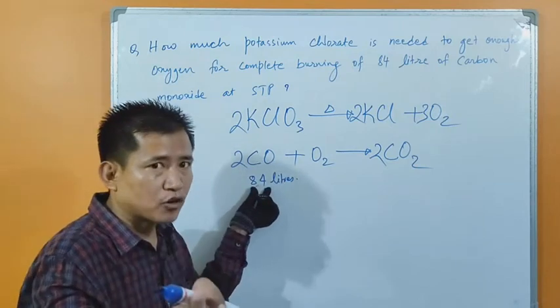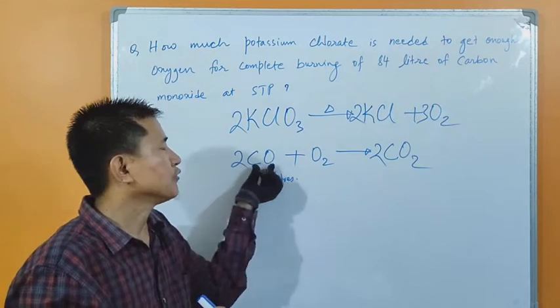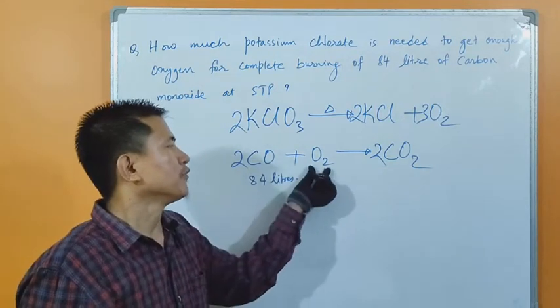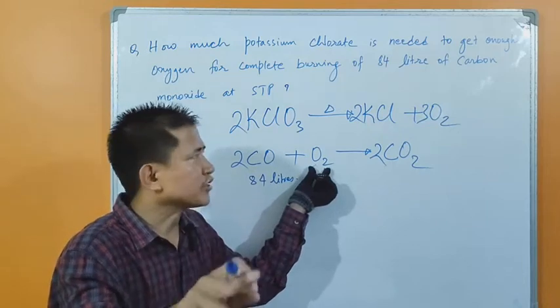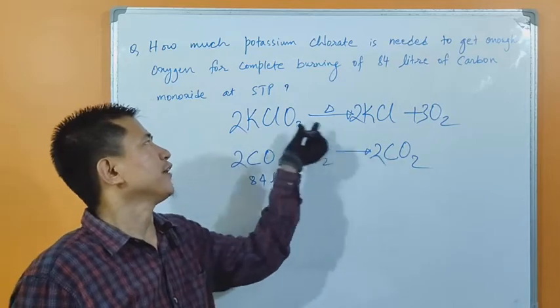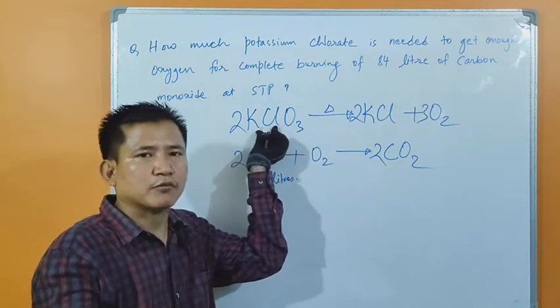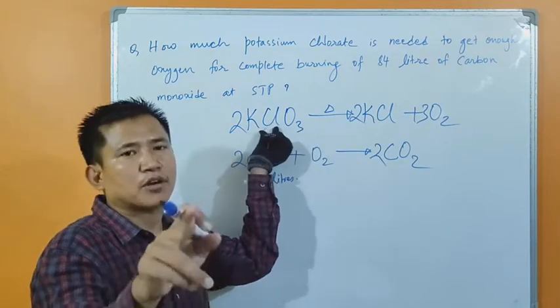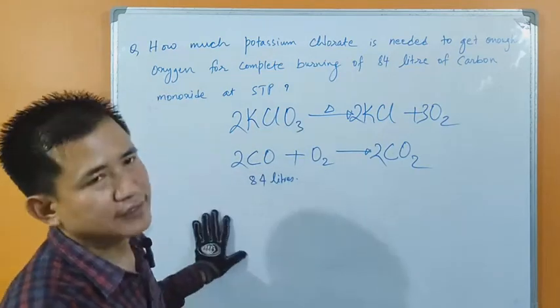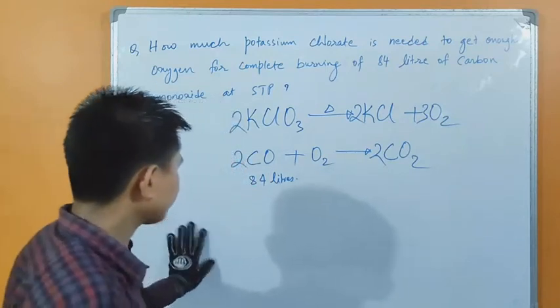After that, we will find the number of moles of potassium chlorate, and after finding the number of moles of potassium chlorate, we can easily find the weight of potassium chlorate, isn't it? Okay, let's begin.